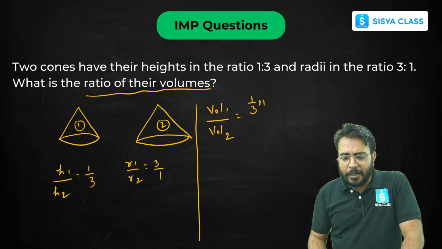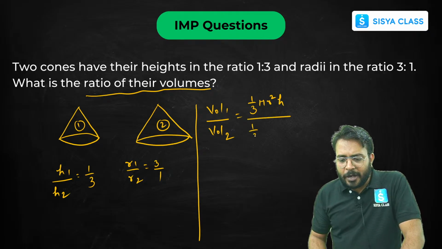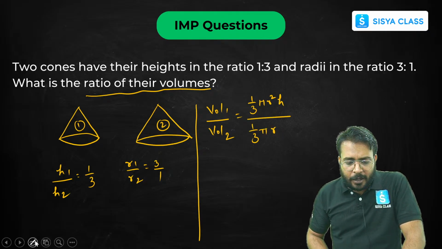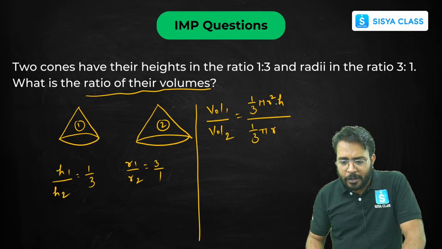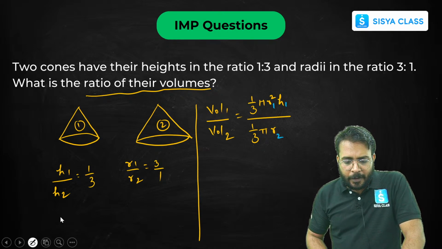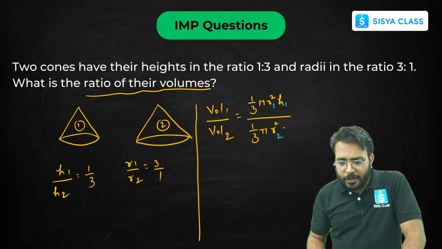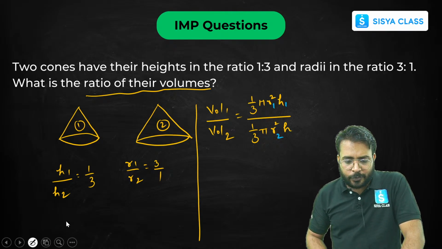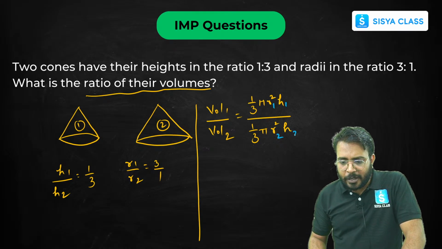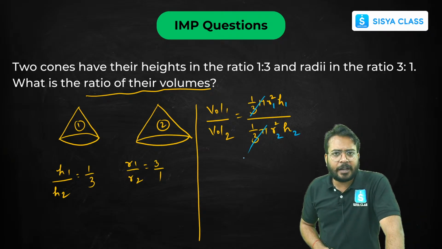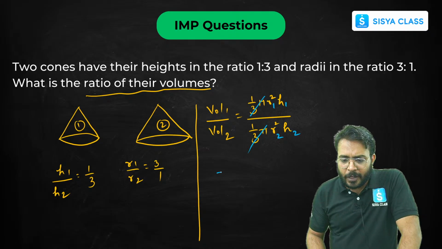So in place of r square I need to write r1 and r2, so this is r1 square h1, and this is r2 square h2. Now 1 by 3 pi and 1 by 3 pi will get cancelled. What will I be left with?